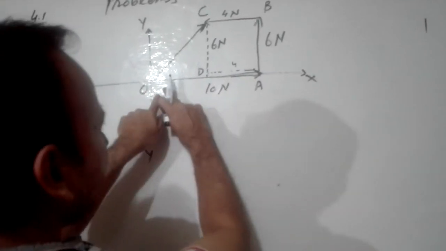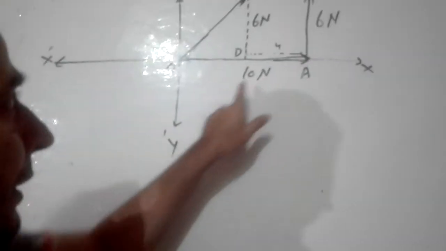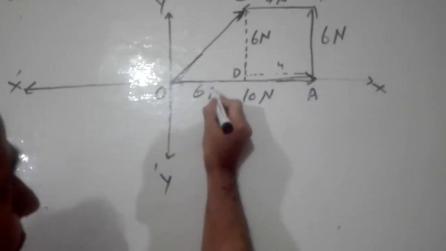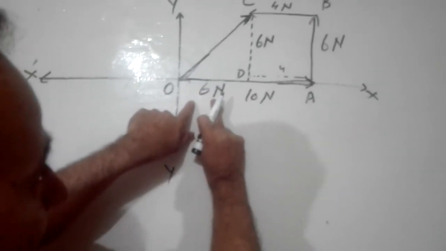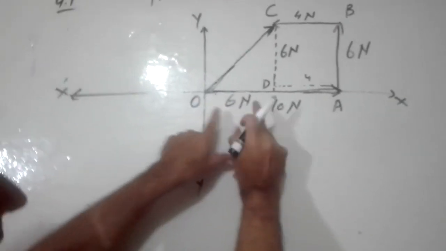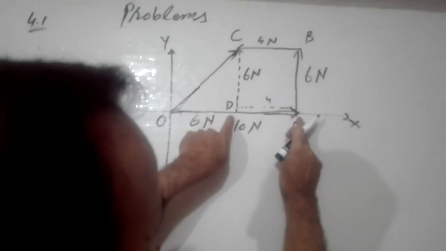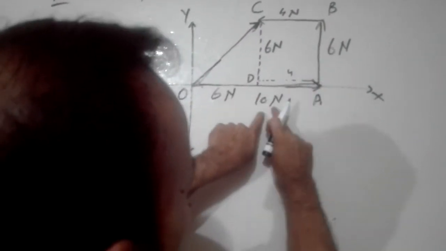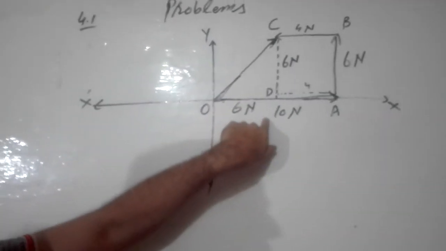So what would be remaining here? We subtract 4 from 10, so remaining is also 6 Newton. Is it clear how this force comes 6 Newton? Because this is total 10 Newton and this is 4 Newton. When we subtract 4 from 10, remaining force is 6 Newton. So OD is representing 6 Newton.